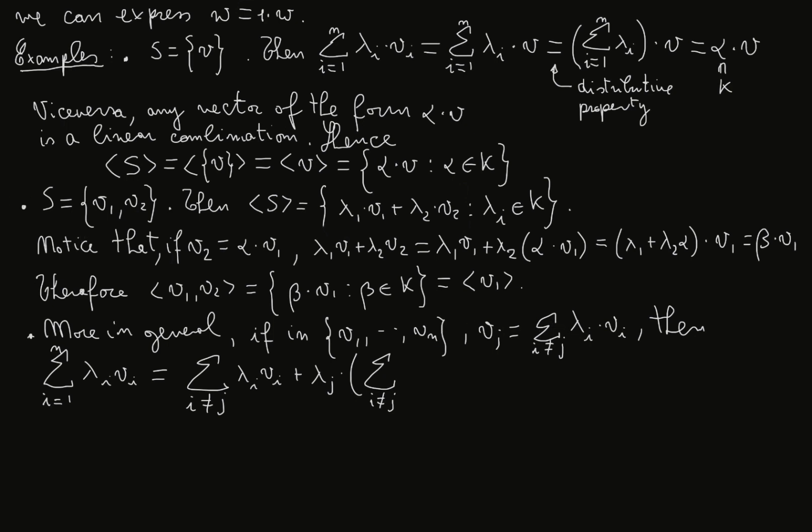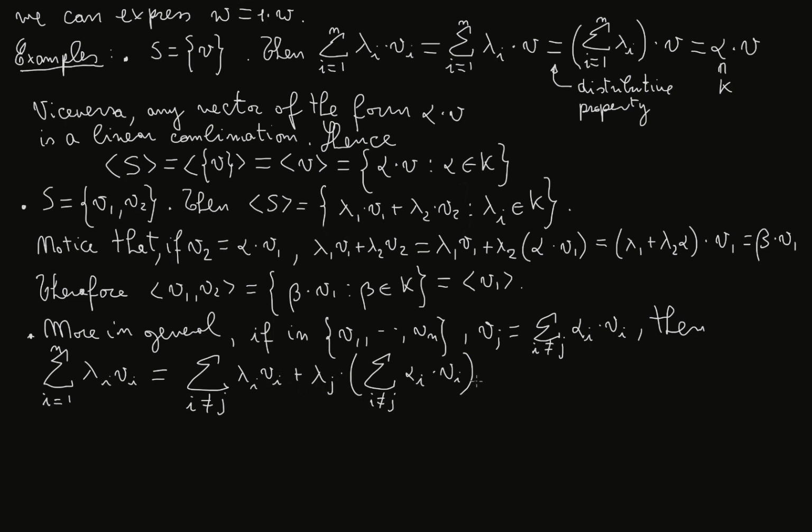So let's assume that the scalars are different. So here we don't have lambda j, well, we just have, let's say, alpha i's. Okay, so vj is a linear combination of vi's with alpha i as a coefficient. Therefore here we have alpha i's and vi's. Okay.